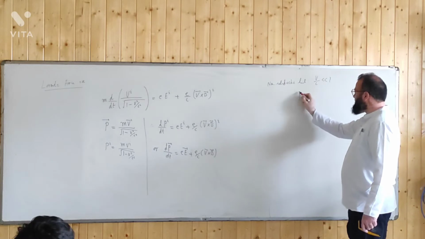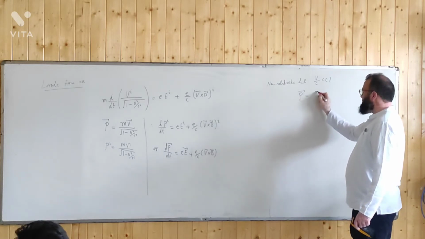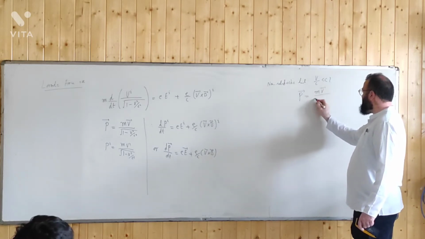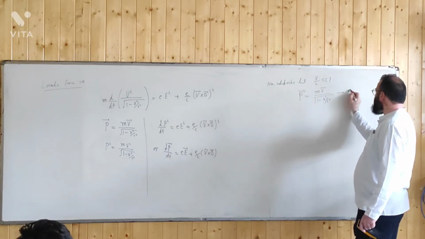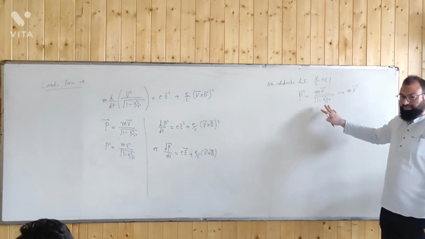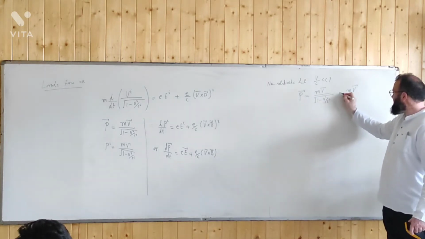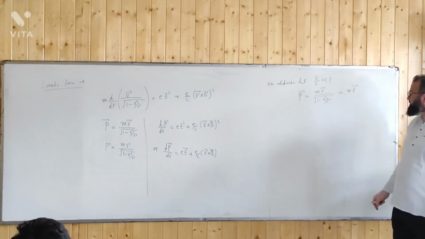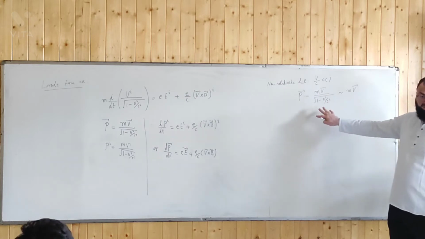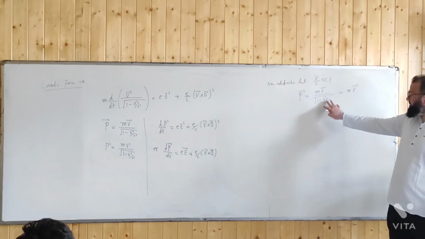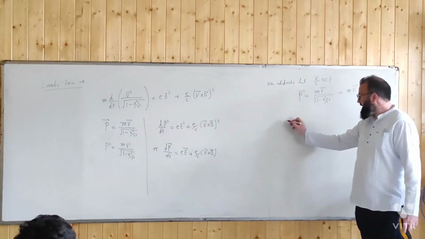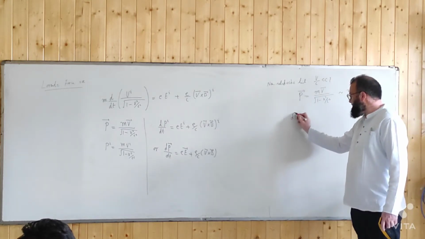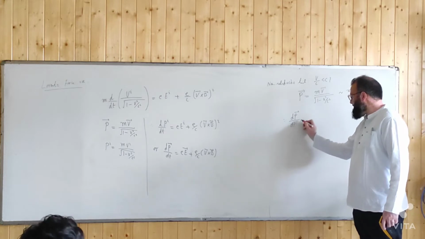It implies this vector p, which is m v by root of 1 minus v square by c square, goes simply as m v, because v by c is very small, so that root is 1. So we have the same equation again.